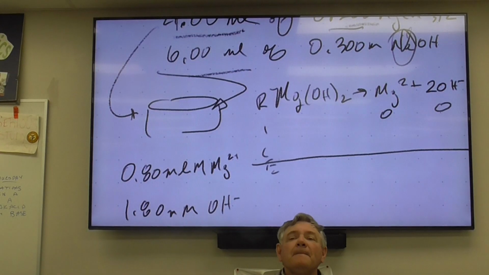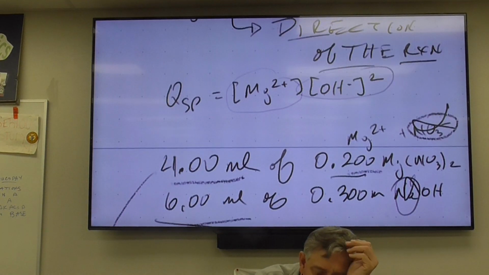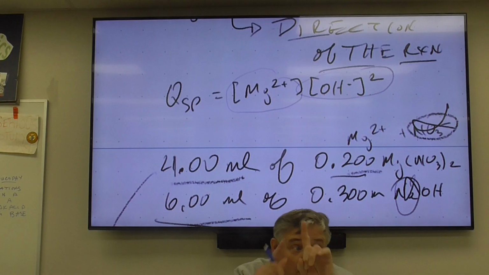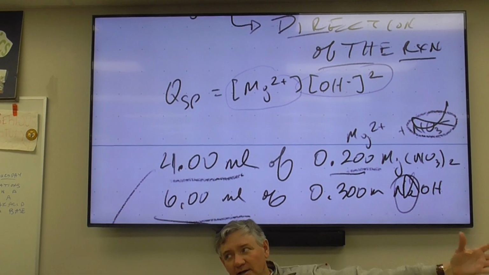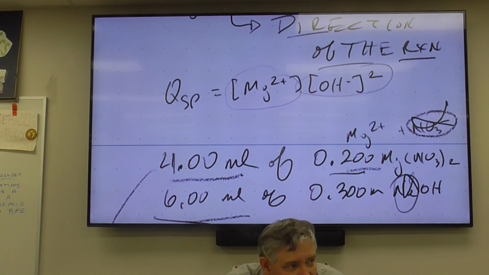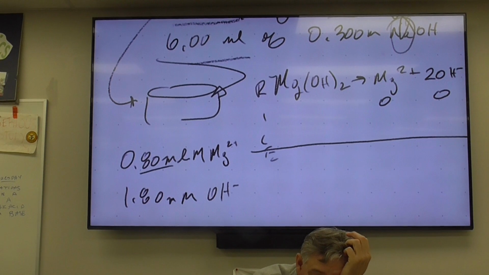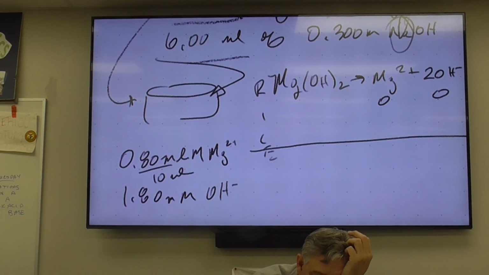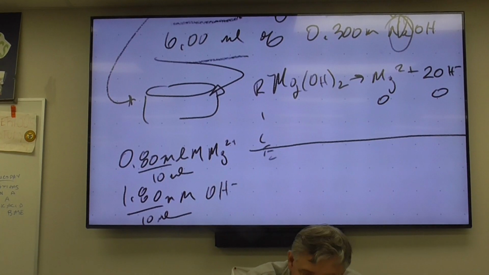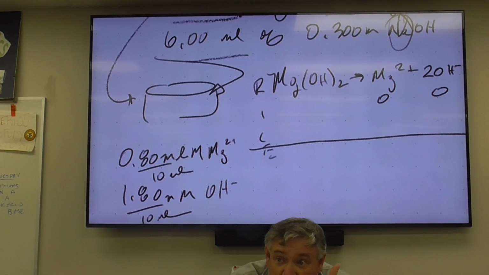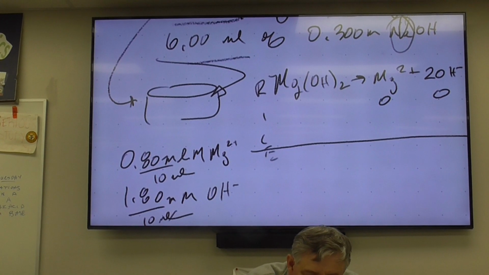But do I need millimoles to put into this equation? No, they're square brackets. What do I need? Molarity. So what am I going to divide by? The total volume. So I'm going to divide both of these by 10 milliliters, because the total volume now is 4 plus 6.